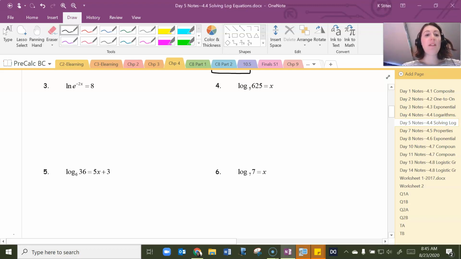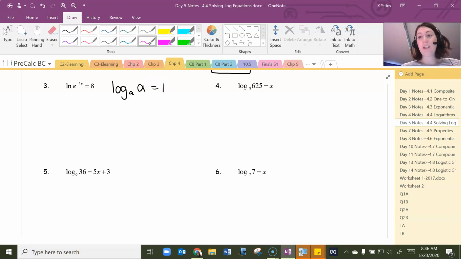But let me just give you a little synopsis right now. Log base a of a, where a is just some value, is always going to be equal to 1 because when we move this to exponential form, a to the first power is a. So essentially, log base a of a is always going to cancel and just give you 1.